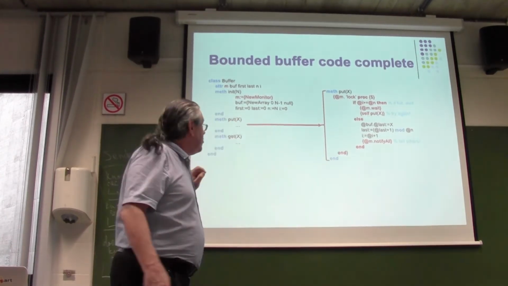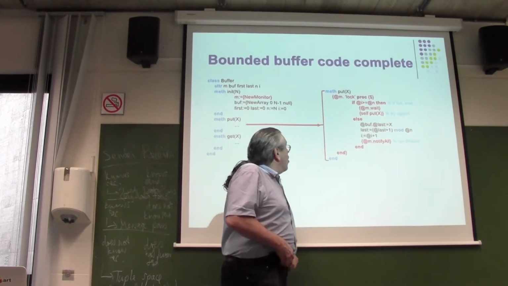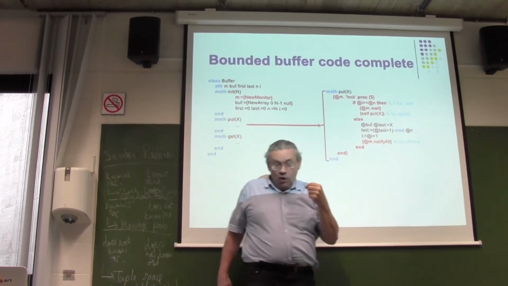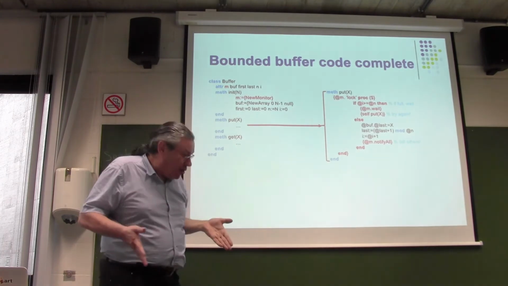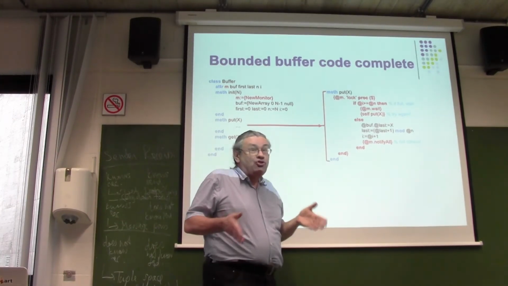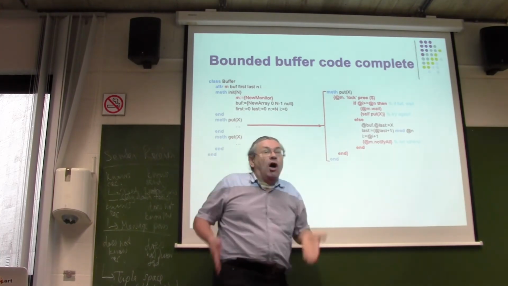Okay, so the way to make it work is after you wake up from the wait, you have to check again whether there is a slot. And you have to do the check inside the lock.